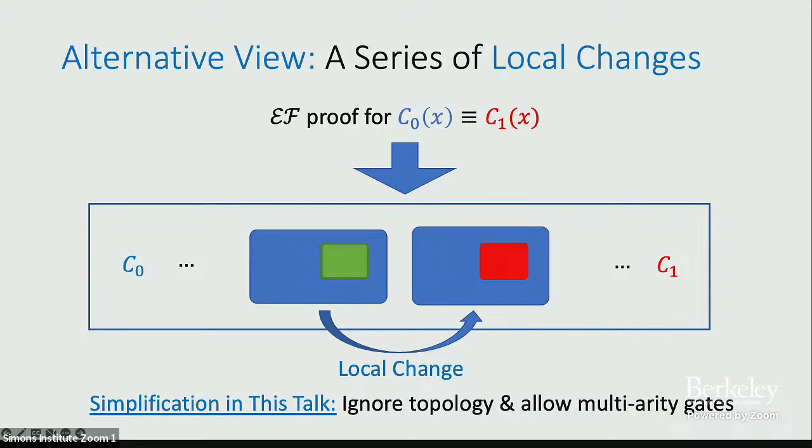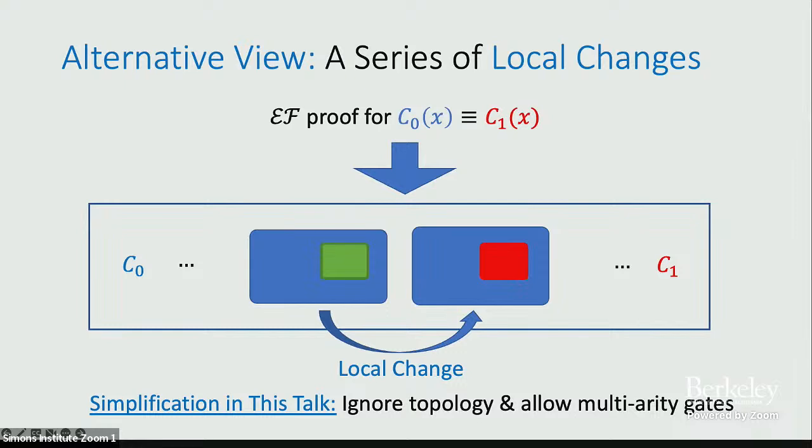This issue can be solved by padding the circuit to a larger circuit, and we can simulate the topological change by changing the functionality of the gates. And for simplicity, I will also use multi-arity gates. Multi-arity gates can always be simulated by gates of constant arity.